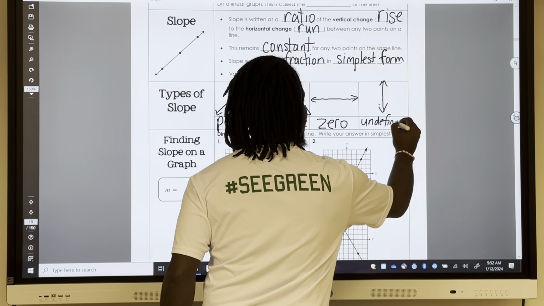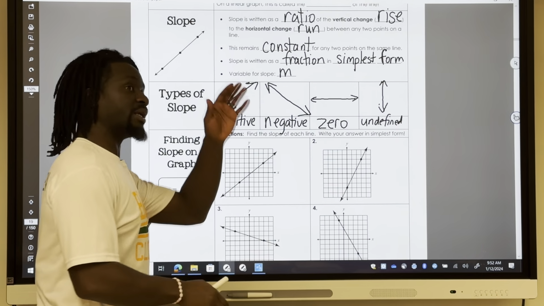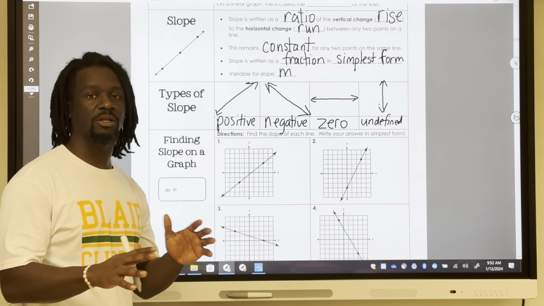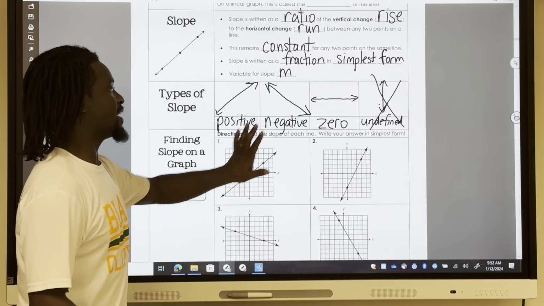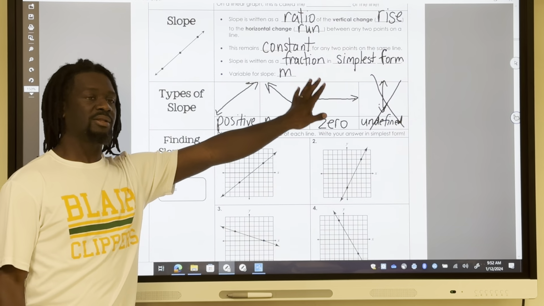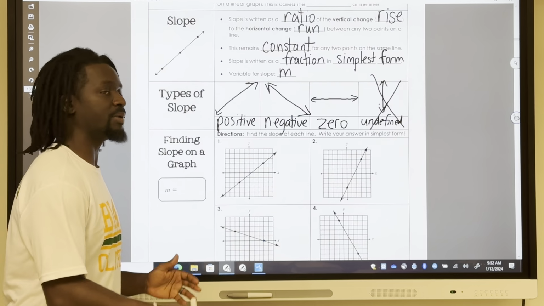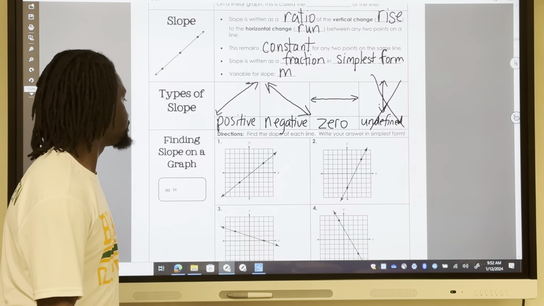A straight up and down vertical line has an undefined slope. But for the purpose of today, you don't need to focus on those. These first 3 are the ones that we focus on.